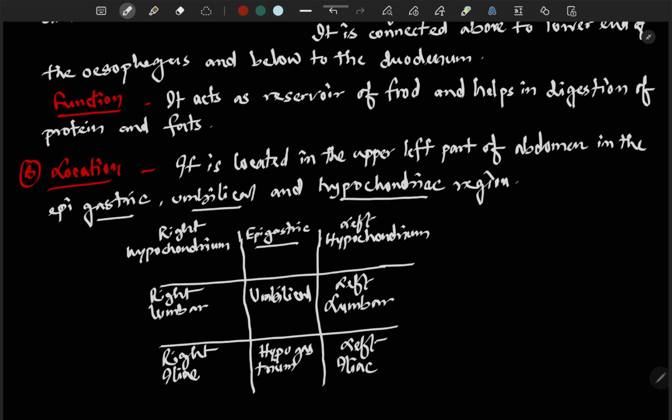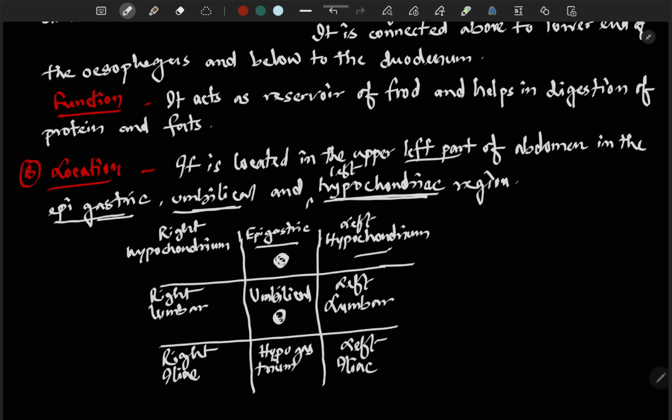So the stomach is located in the epigastric region, umbilical region, and hypochondriac region. Here is the epigastric region. Okay, here is the umbilical region, and the hypochondriac region means this one, the left part of the abdomen, already told.